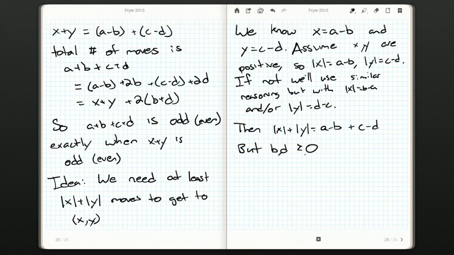You can't have a negative number of lefts or rights or something like that. So the total number of moves, which is a plus b plus c plus d, must be greater than or equal to the absolute value of x plus the absolute value of y.